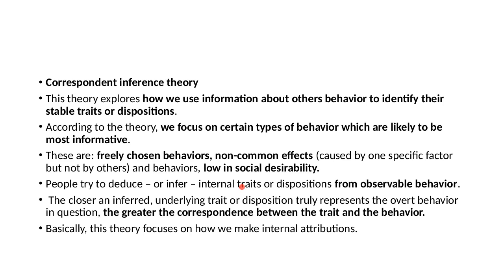So we use the behavior to interpret or analyze the personality of this individual. But in this case, we are choosing the behavior, especially behavior that is not acceptable in the society that we are in. So the closer an inferred underlying trait or disposition truly represents the overt behavior in question, the greater the correspondence between the trait and the behavior.